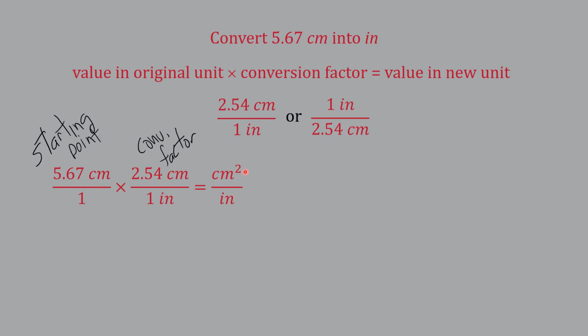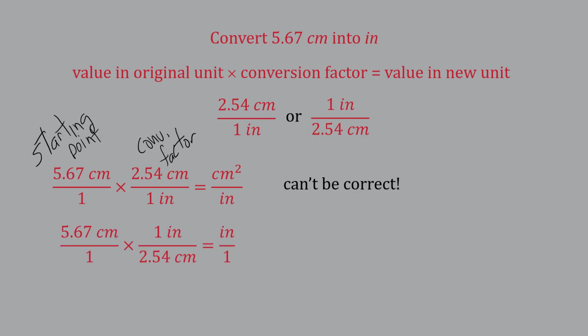This setup gives us units of centimeters squared per inch, which is not what we wanted. We wanted something in inches. So if your setup doesn't give you the right units, there is absolutely no way that that is the correct setup.